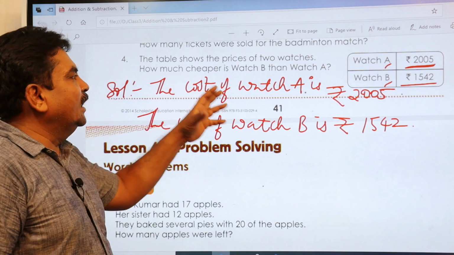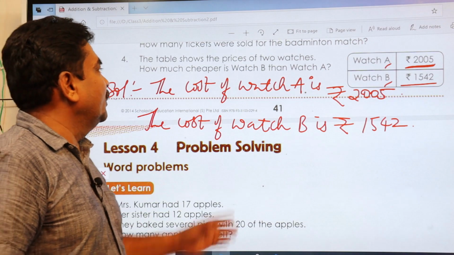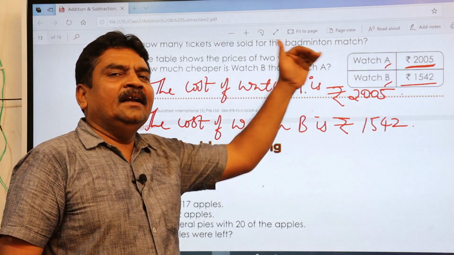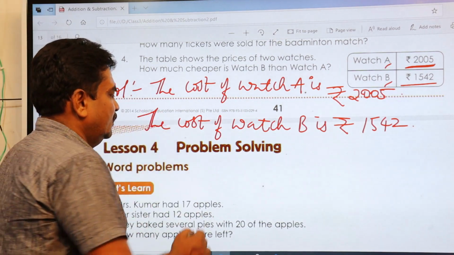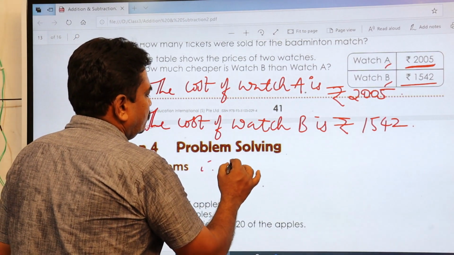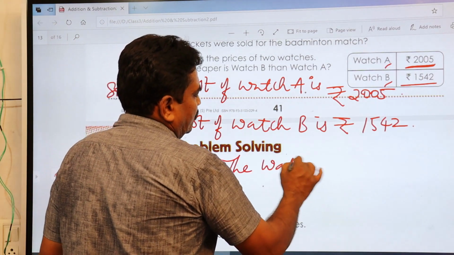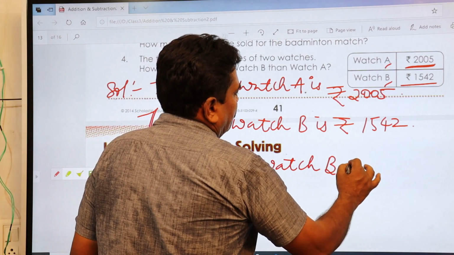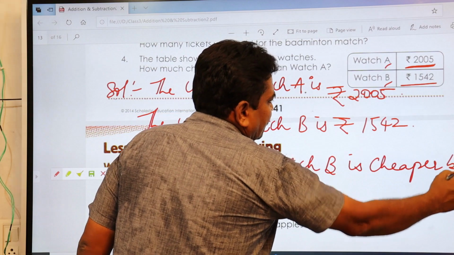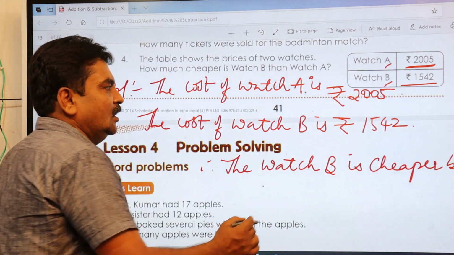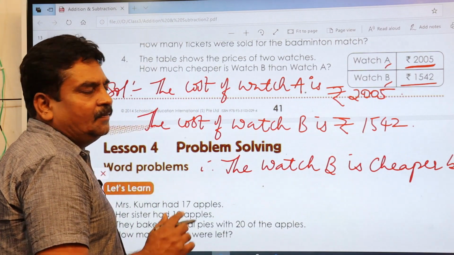So how do you get the price difference, that watch B is cheaper than watch A? You have to simply subtract. Therefore, watch B is cheaper by how much?